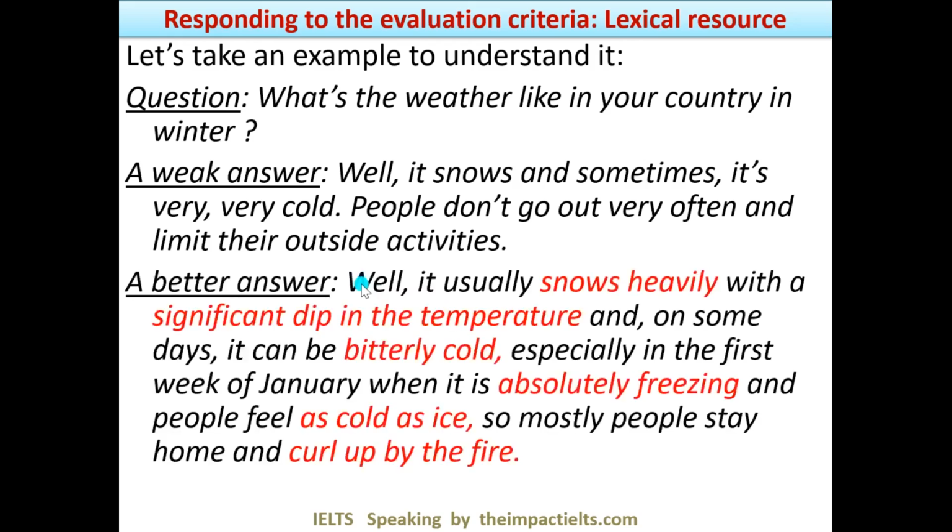If you look at a better version of this answer, the words or expressions that you can see in red are either idioms or precise vocabulary or not too common vocabulary or paraphrased versions, right? So let's read this. You probably need to know the style as well, the way it is being answered.